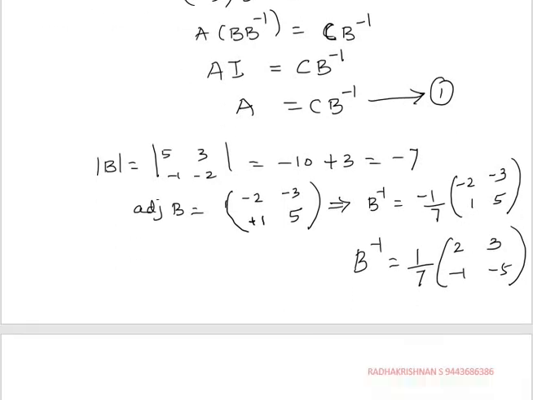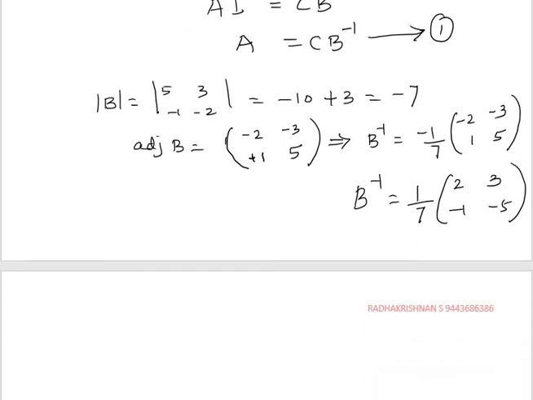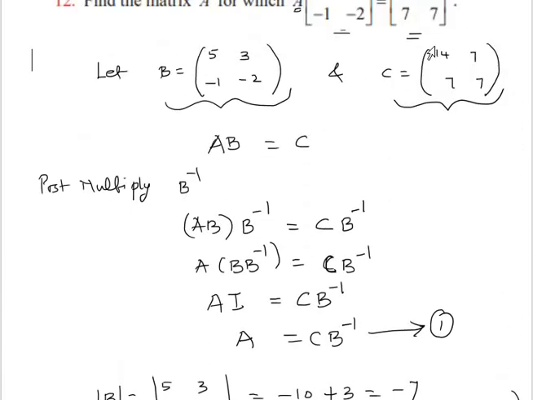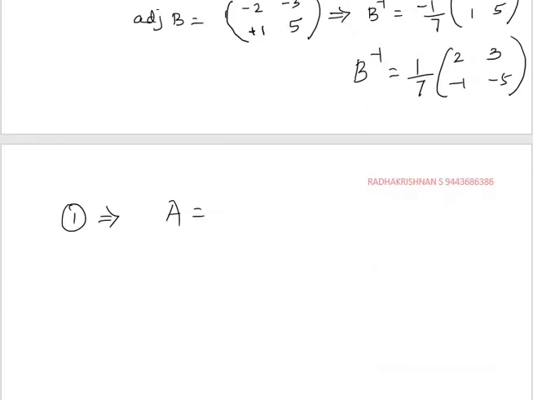Now, substituting in equation 1: A equals C. What is C? C is what we have assumed: 14, 7, 7, 7. Understood? Therefore, 14, 7, 7, 7 into B inverse.